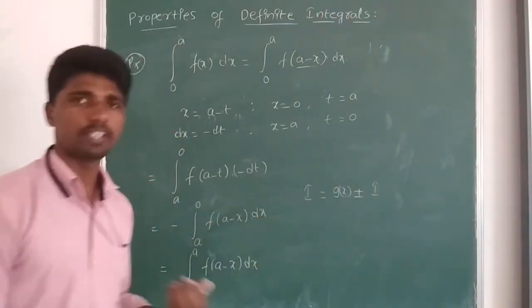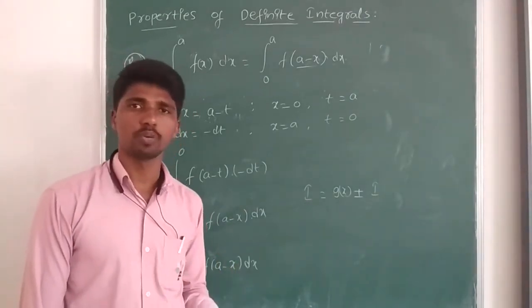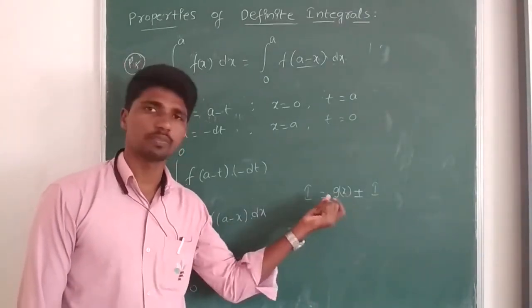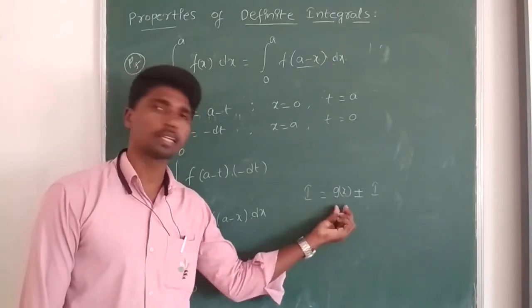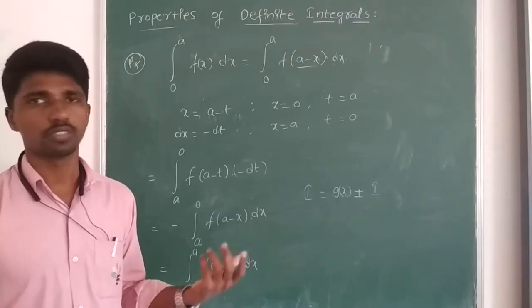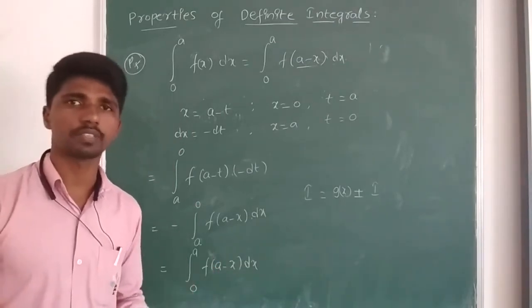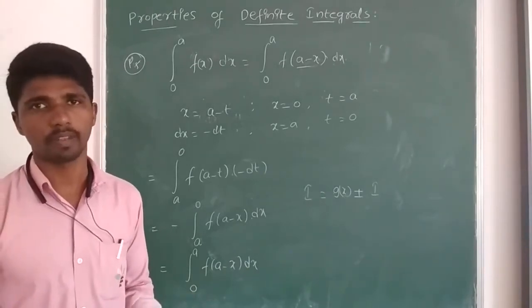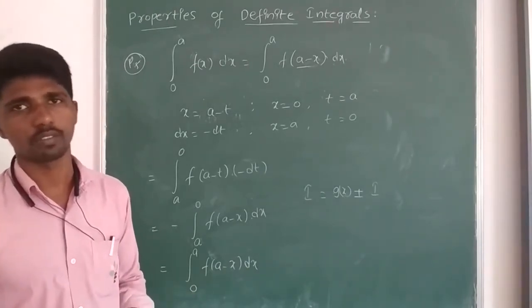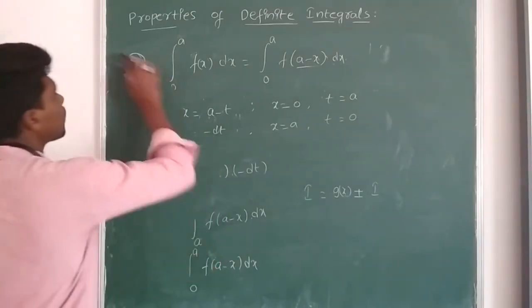If it is minus, it will become plus I, so I plus I equals 2I. So 2I equals g of x, and we get the answer directly. Sometimes this g of x can become 0, x square, or some other things. So 0 is a function in terms of x. How can I write 0 as a function in terms of x? 0 into x. Okay, right. The next property, number 6.